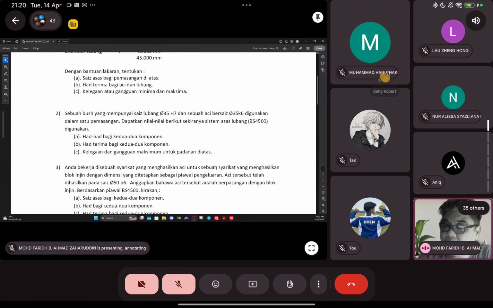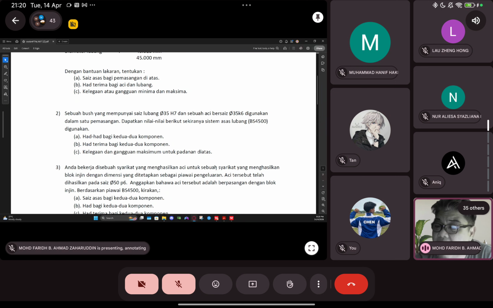Second question. There is a batch. Which hole size is diameter 35 mm H7, IT7, and which shaft size of diameter 35 K6 were being used in one fit.